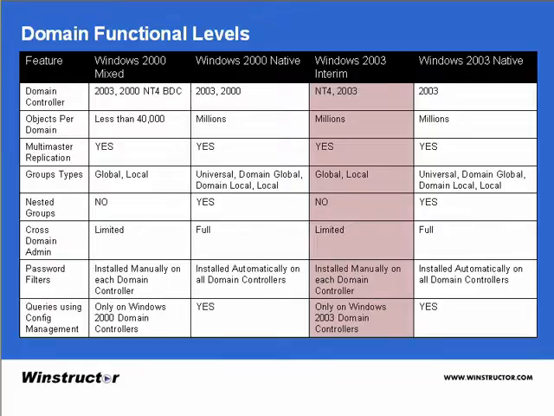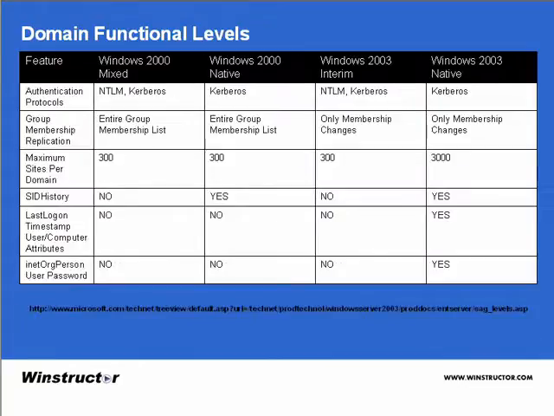This level does not support domain controllers running Windows 2000. And finally, we have the Windows Server 2003 Native Domain Functional level. This level is only available when all of your domain controllers are running Windows Server 2003. Now I'll move on and show the continuation of this table, and you can see we have provided a link down the bottom to TechNet where you can view some more information about functional levels.